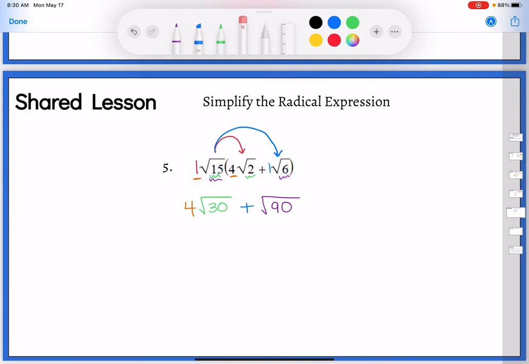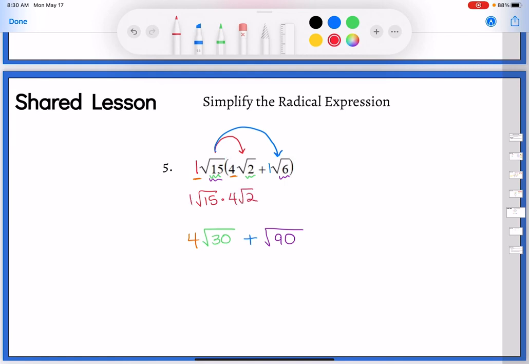You just have to really be careful of what's on the outside, what's on the inside, right? Outsides with outsides, insides with insides. You're just doing 2 separate multiplying. If it really hurts your brain to see what I did, really what I did was square root of 15 times 4 radical 2, right?